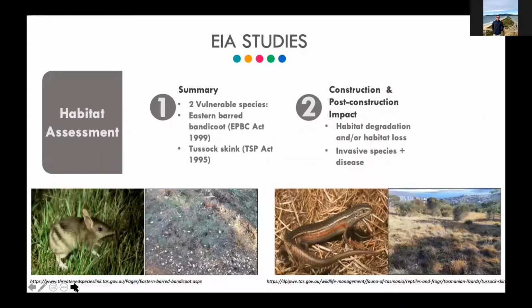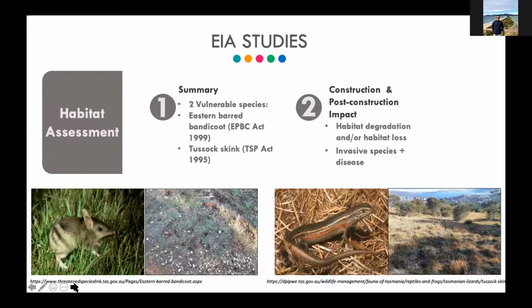The third assessment is the habitat assessment. The document presents two fauna species: the eastern barred bandicoot, which is listed as a vulnerable species under the EPBC Act, and the tussock skink, which is also listed as a vulnerable species under the Tasmanian Threatened Species Protection Act.